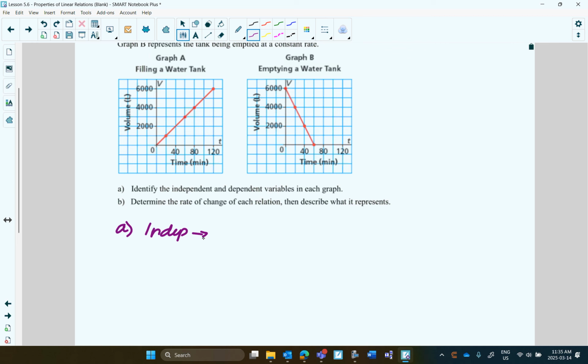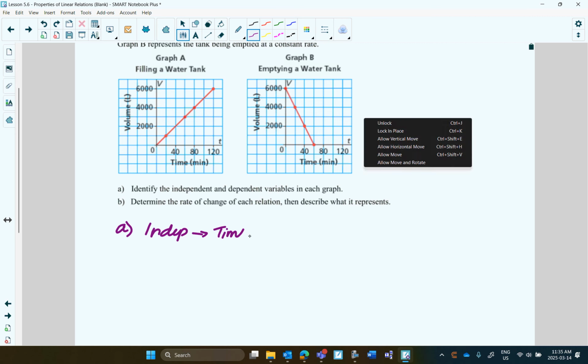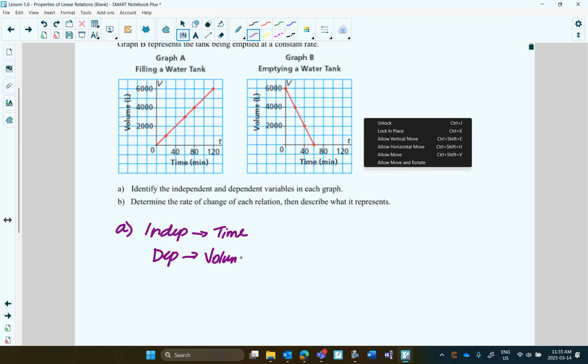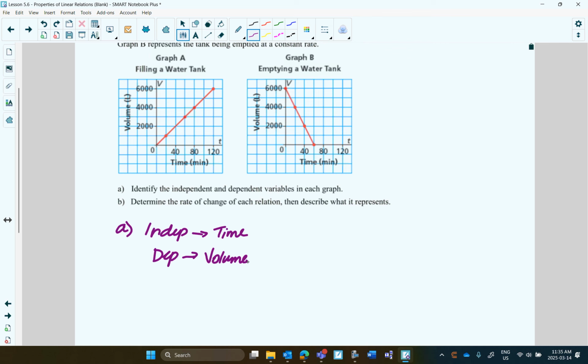It's always the x-axis. Independent is x. Dependent is y. Independent is time and dependent is volume, because the volume of the tank depends on the time. It changes depending on how much time has gone by since it's been filling or emptying. And that's the same for both.